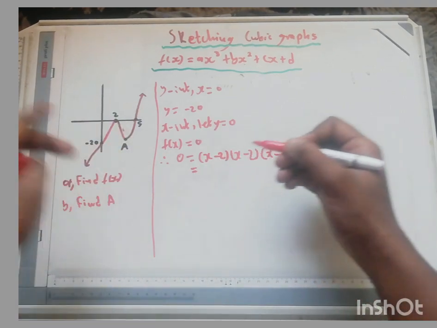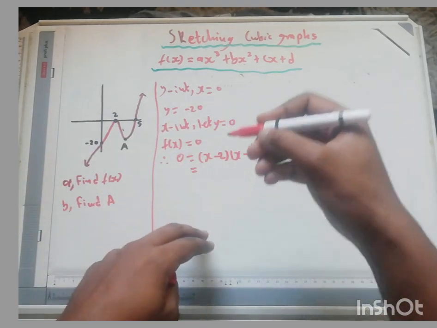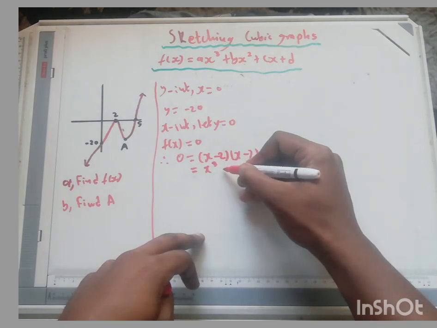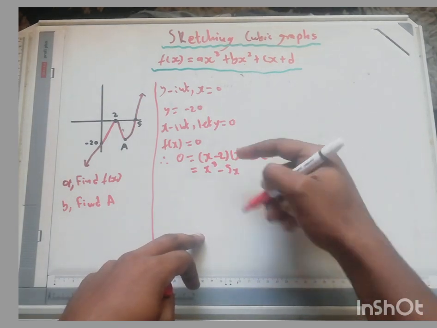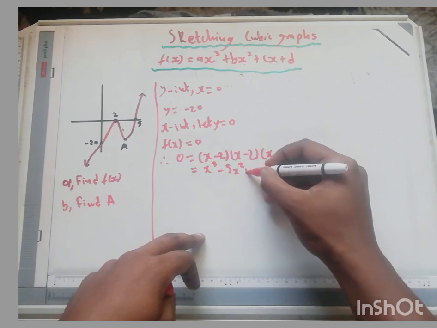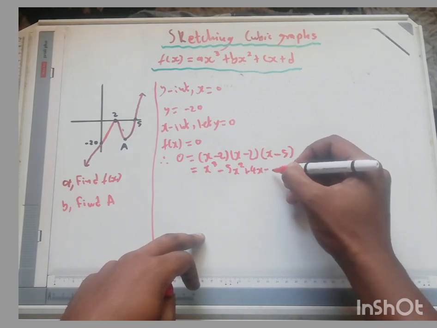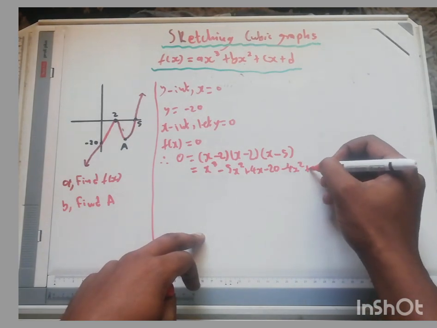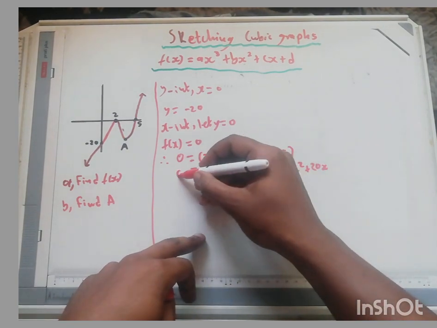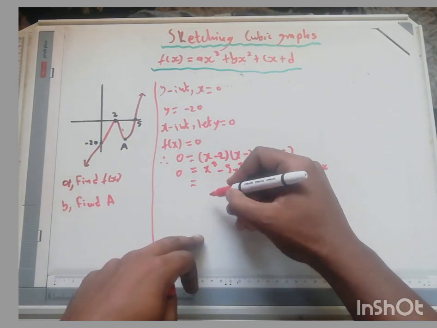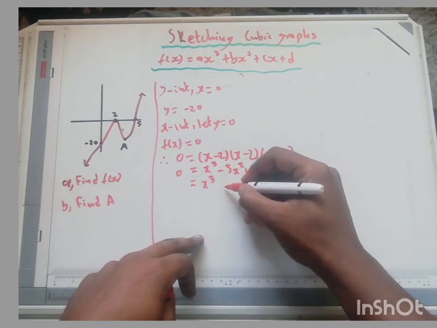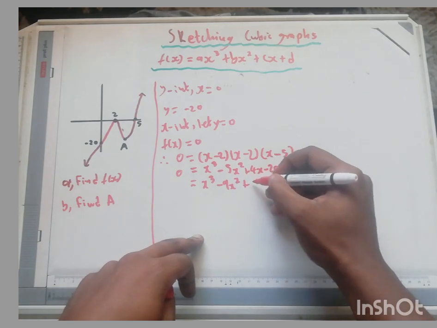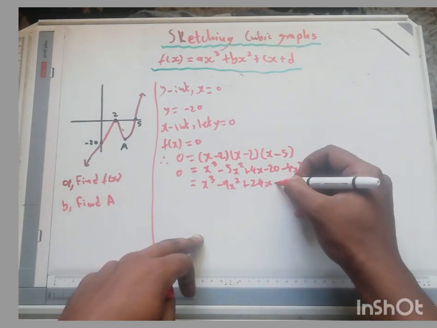So if you were to multiply this out throughout, you'll find that you get x to the 3 minus 5x squared plus 4x minus 20 minus 4x squared plus 20x. And then if you were to simplify this out, you'll get x to the 3 minus 9x squared plus 24x minus 20.